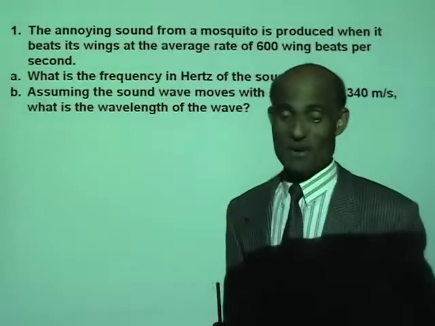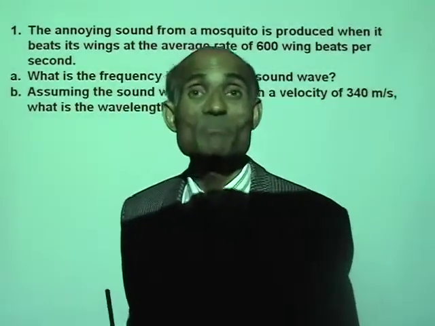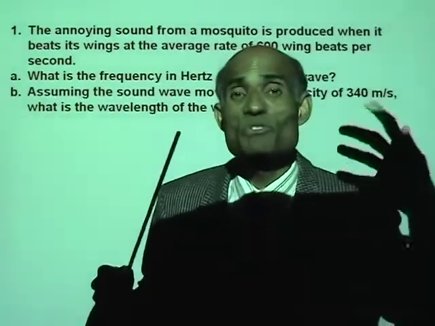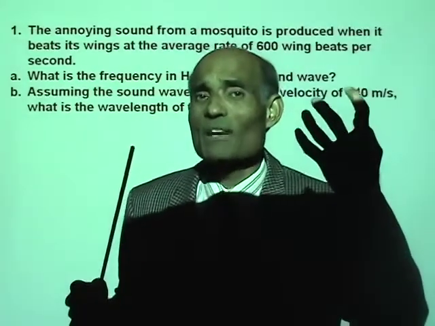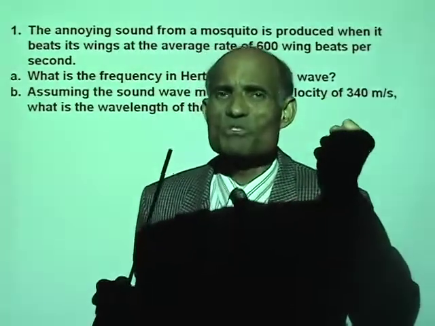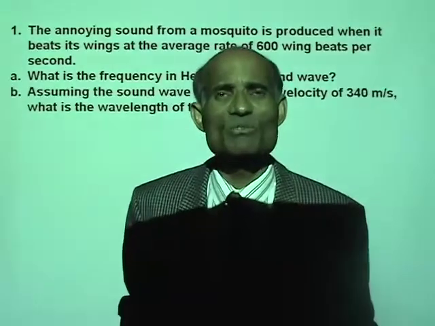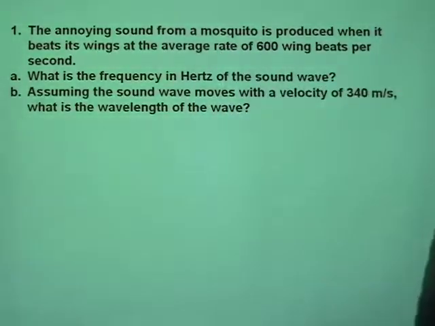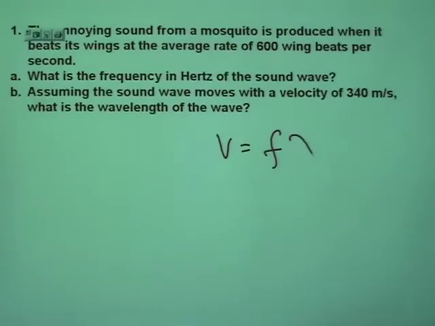Alright, now I'm going to do a couple more problems which will help you to get back that wave equation. Do you remember the wave equation we defined some time ago in the last lesson? The wave equation is V equals F lambda.